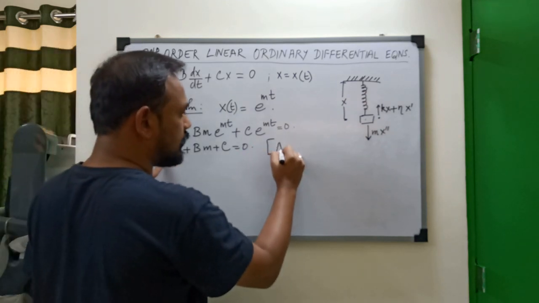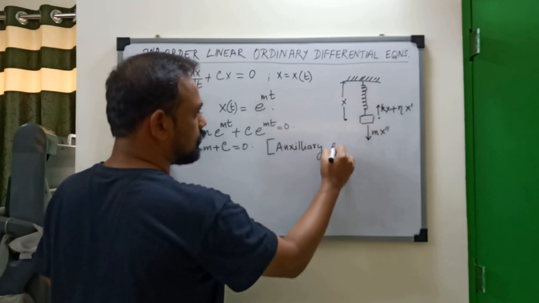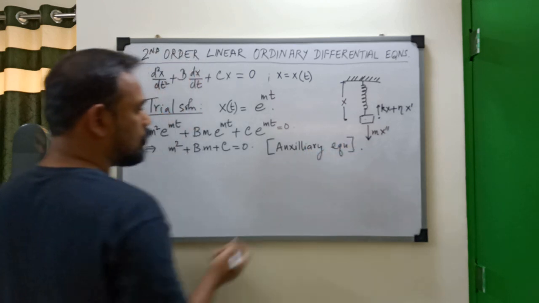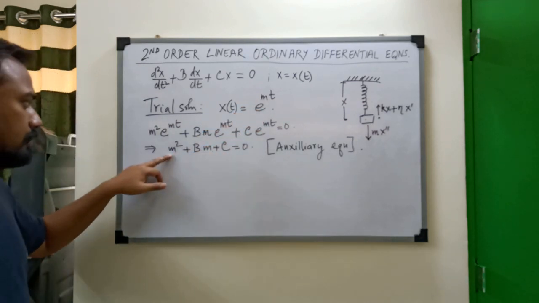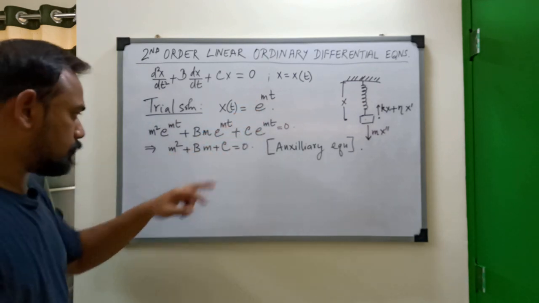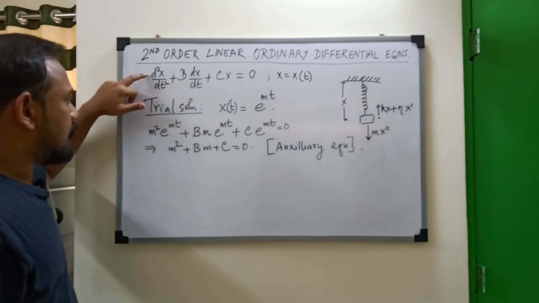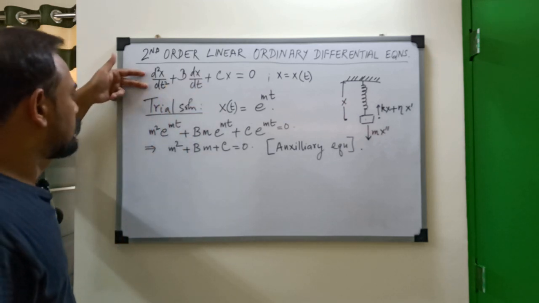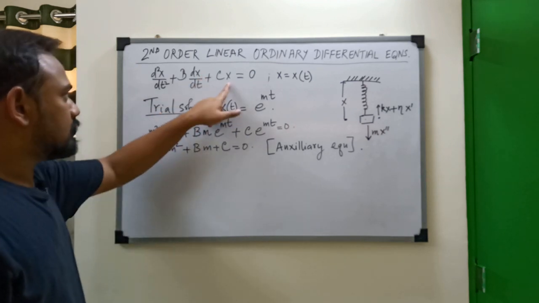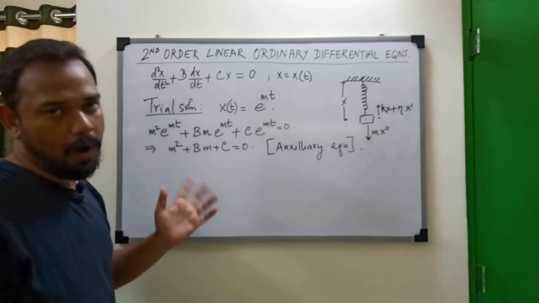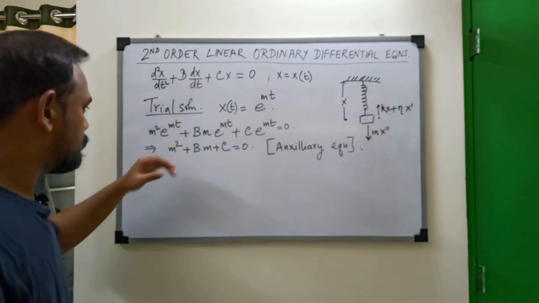It's called an auxiliary equation, where from the trial solution, this constant m comes here as the variable for the quadratic equation. And really, if you compare with the original, the second order term is replaced by m squared, the first order term is replaced by m, and the zeroth order term is replaced by 1. Okay? So this is the auxiliary equation.